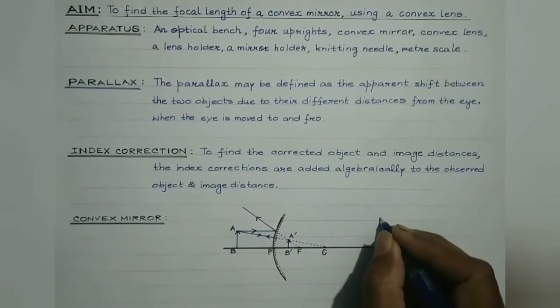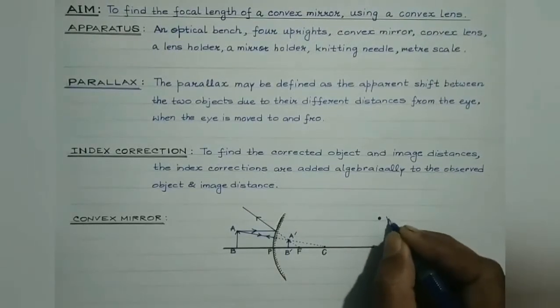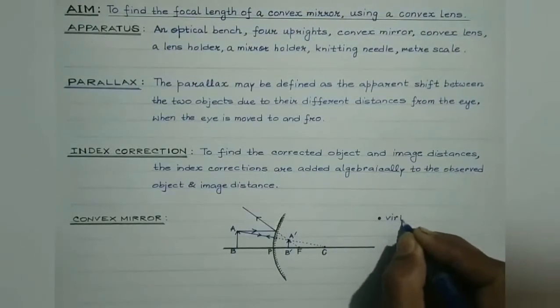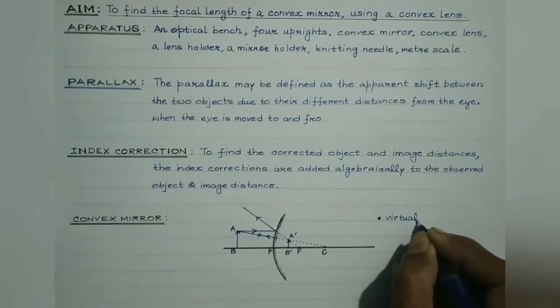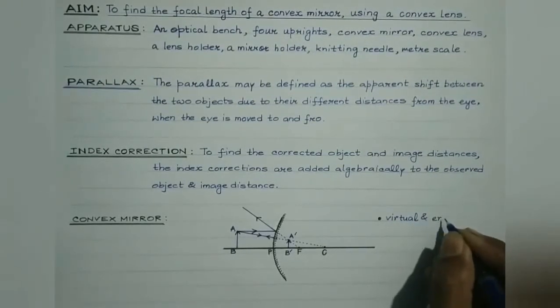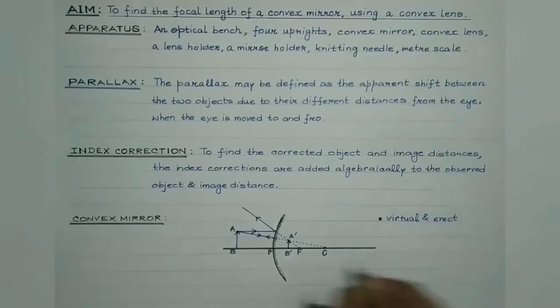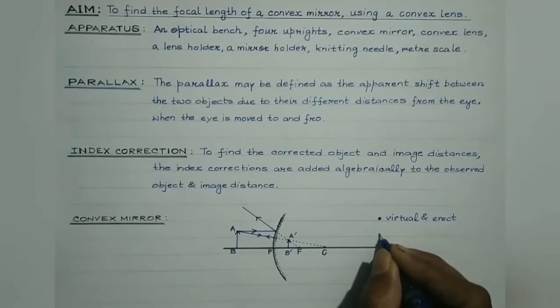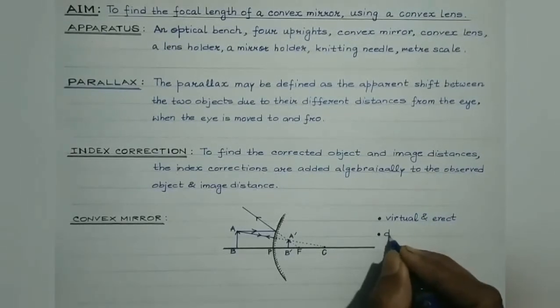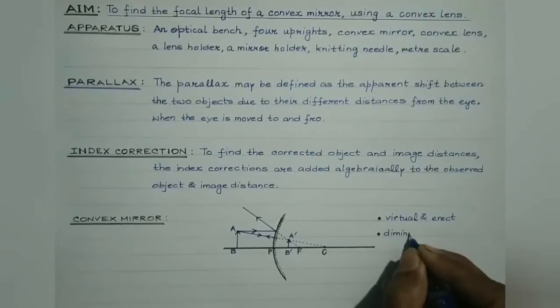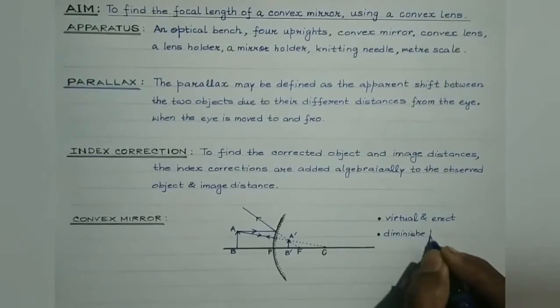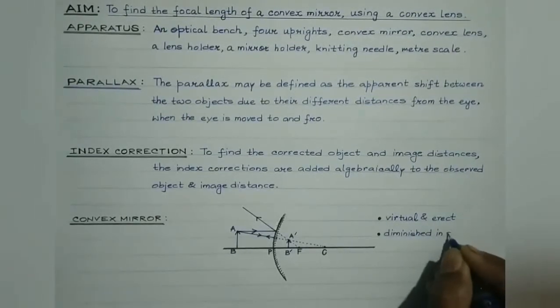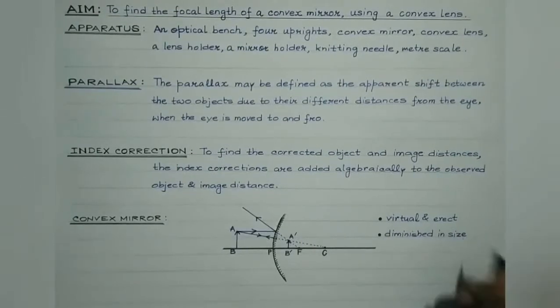So the nature of the image is virtual and erect, as the image is formed behind the mirror. Then the image is diminished in size. And obviously it is formed between the pole and the focus.